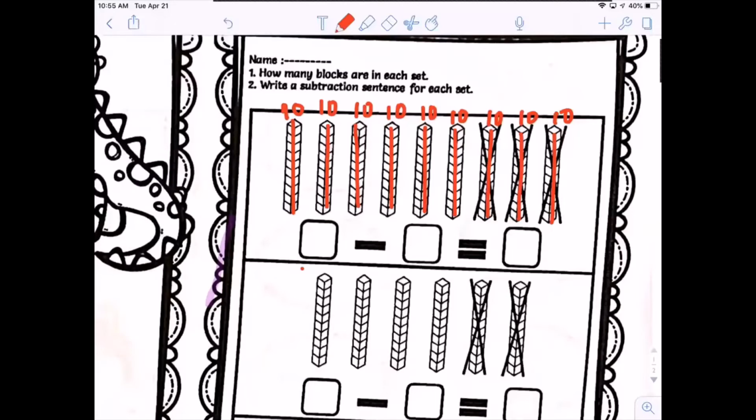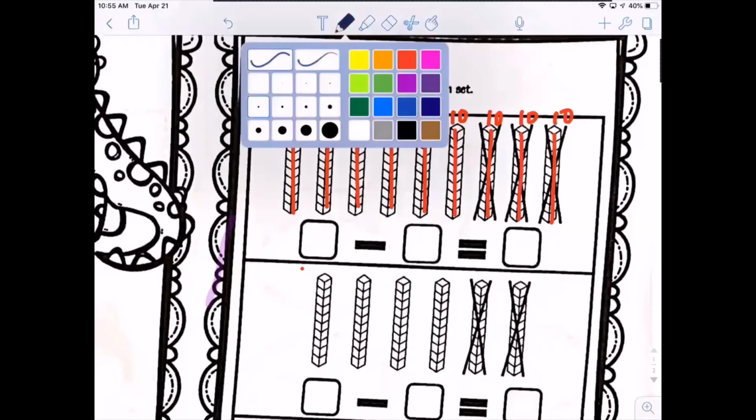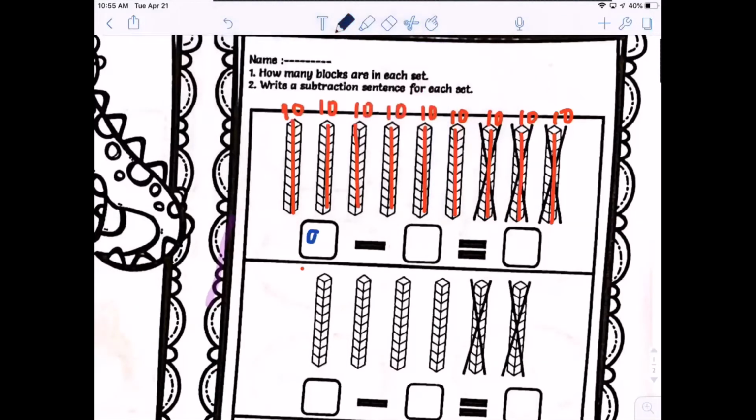But look, we are writing it in a number sentence. So would I only write 9? Is that correct? No. When it's a number sentence, I need to add the 0. So it would be 90, 10, 20, 30, 40, 50, 60, 70, 80, 90. Okay, we have 90.